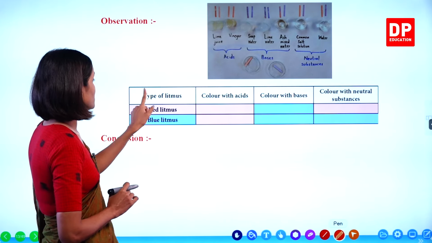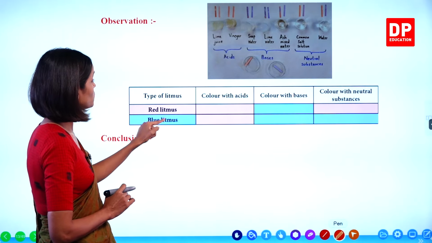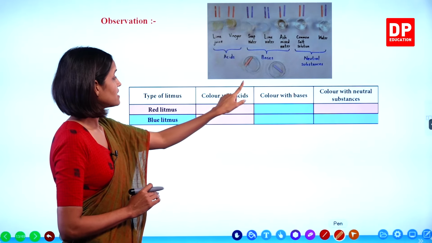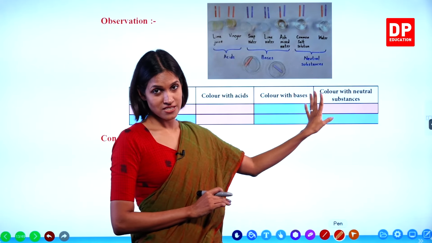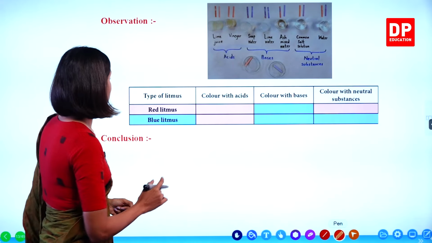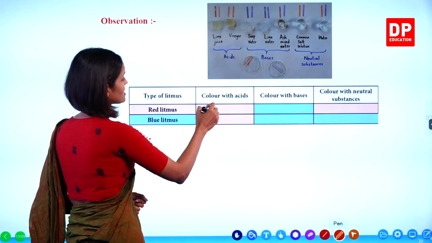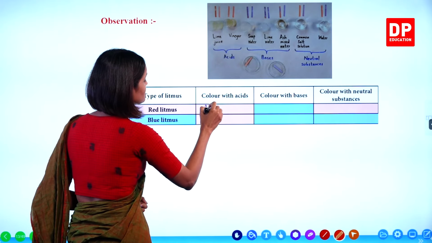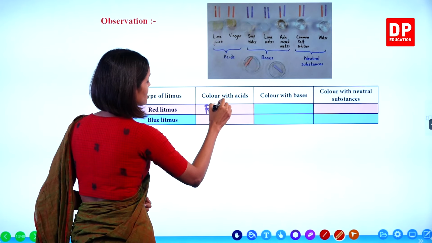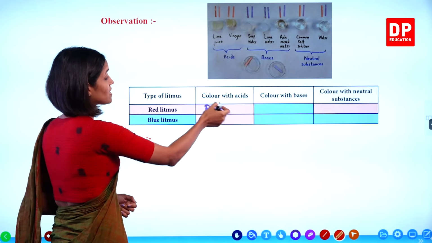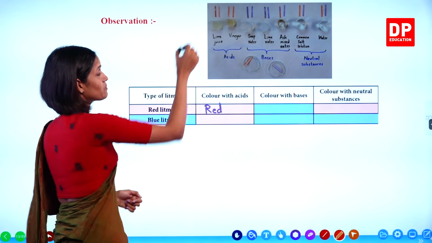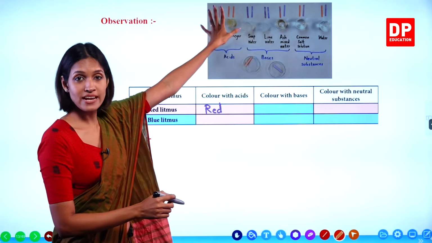So here we have type of litmus, red and blue, color with acids, color with bases, color with neutral substances. Okay, we will write here red litmus color with acids. It is still red. It means it does not change the color. What is the color of blue litmus with acids in an acidic medium here? Both the litmus papers, red color.